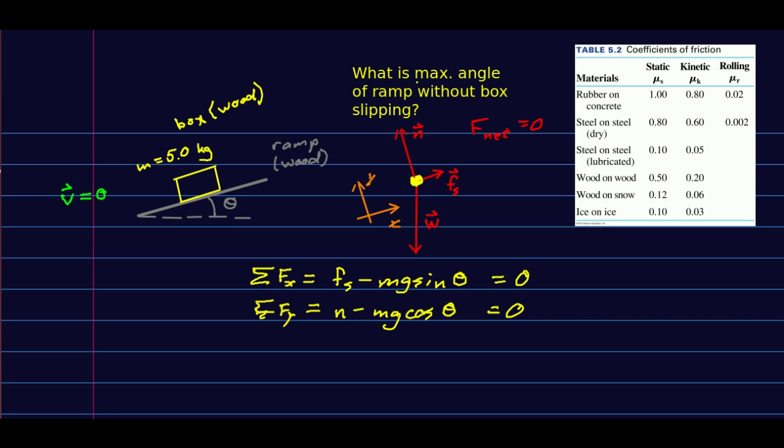However, this is a little subtle. We're looking at the maximum angle such that it doesn't slip. So we're going to assume it doesn't slip and find what maximum value of theta makes that true. So our free body diagram is exactly like before. Our F net is still 0, and so our Newton's second law gets written out exactly the same way, except with this unknown angle.